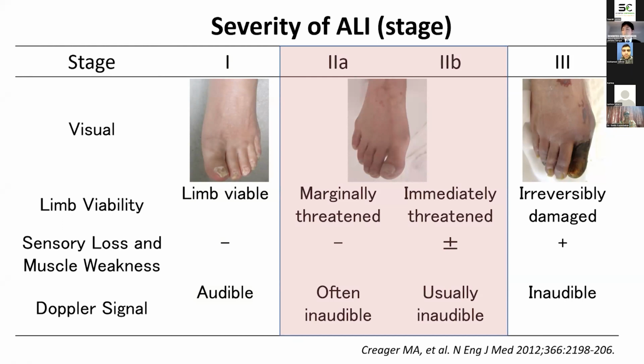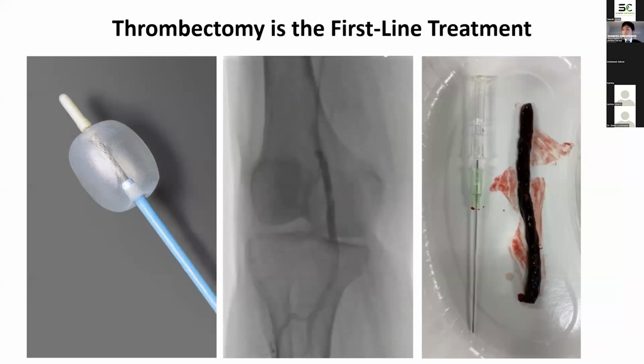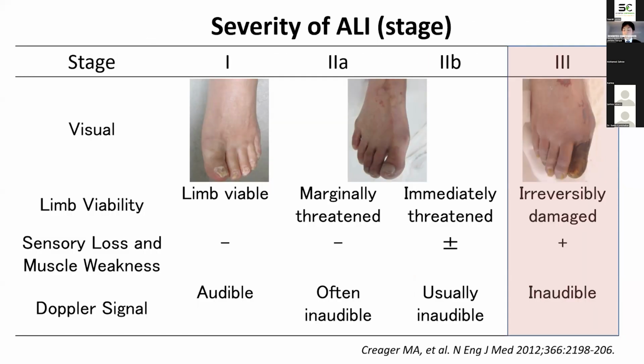Stage 2 is divided into 2 categories. Stage 2B shows a more severe condition. Sensory loss or muscle weakness are important signs of stage 2B. Stage 3 means irreversible limb damage. In this stage, complete limb salvage will not be achieved. In short, only stage 2 needs emergent revascularization for limb salvage.